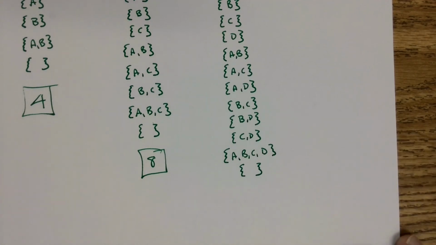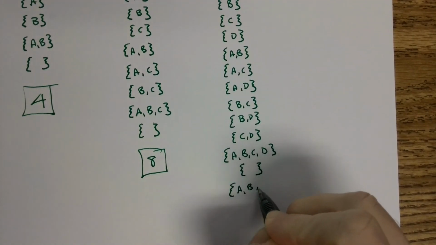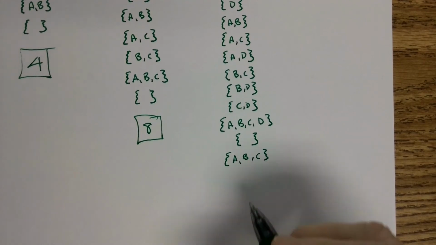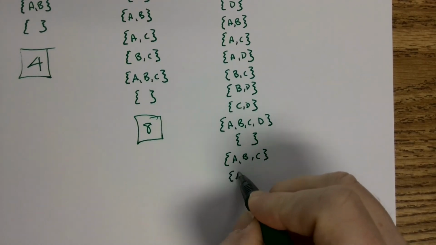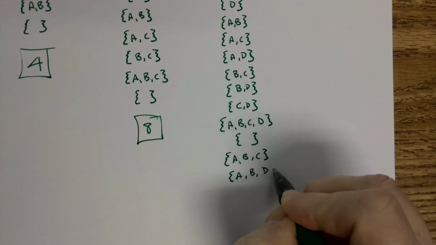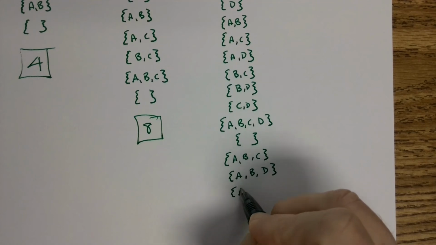Is that all the sets there are? Or are there more? Oh, what about this set? A, B, C. How about A, B, D? How about A, C, D?